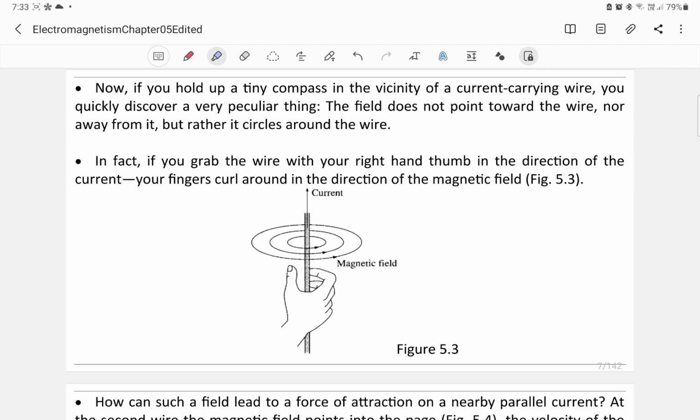So if you grab the wire with your right hand, with your thumb in the direction of the current, then the fingers curling around the wire give the direction of the magnetic field. That is the explanation why current-carrying wires with the same direction attract.